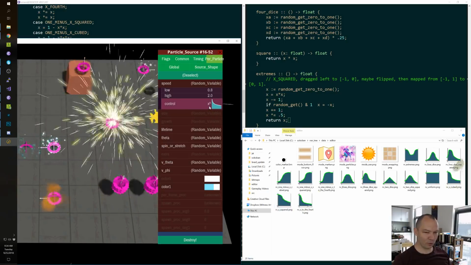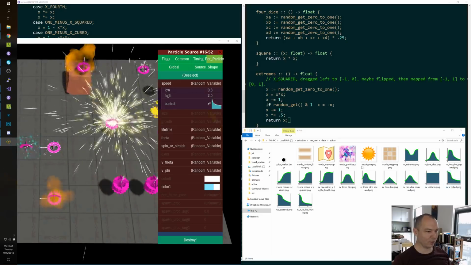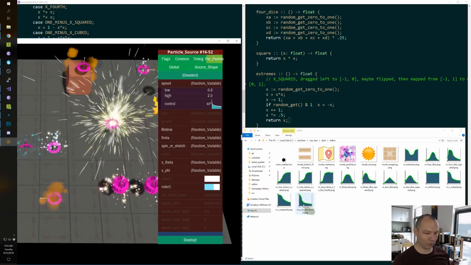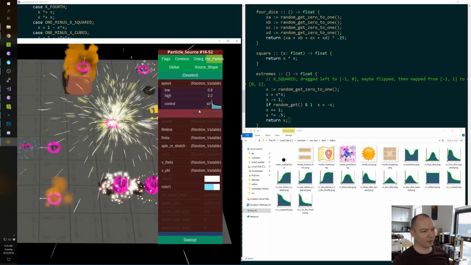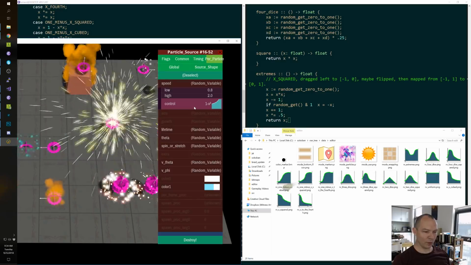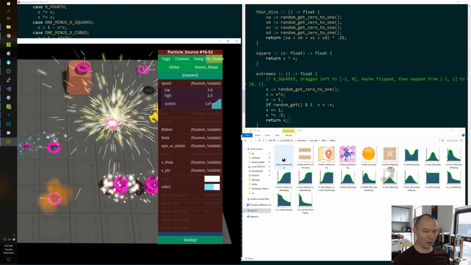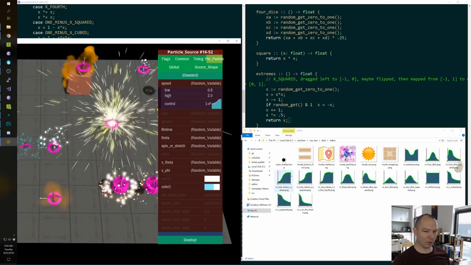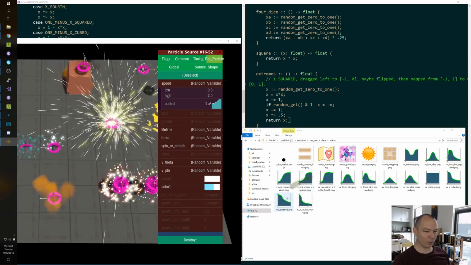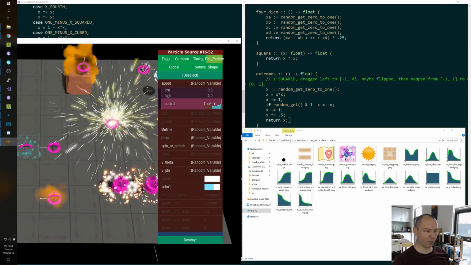X cubed, x to the fourth. Where's my x to the fourth? 1 minus x squared. I think I had the wrong idea about what these are. I did 1 minus here, which is not the right thing. So these ones were not right.